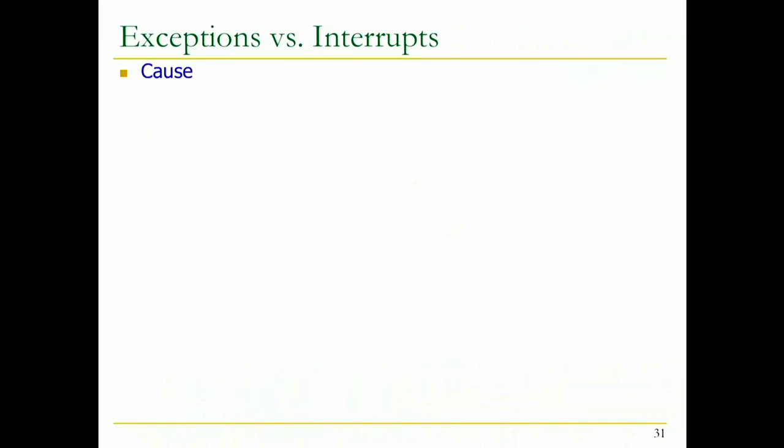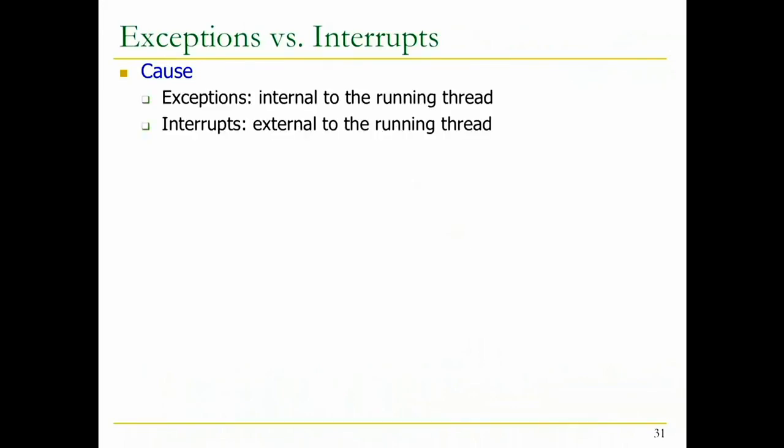And the differences between them are cause. So one of the most important differences is cause. Who's causing the event? So these are basically, I will say, exceptional events in general. The cause of an exception is internal to the running program.